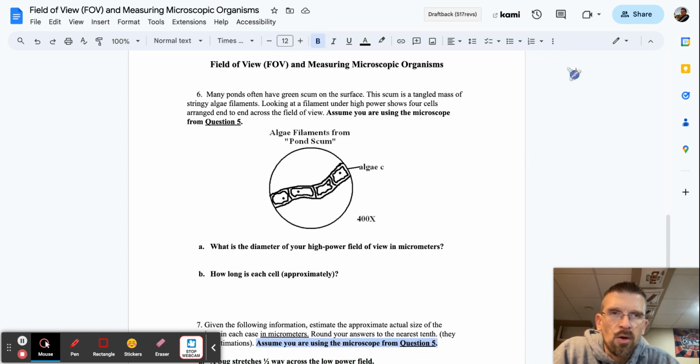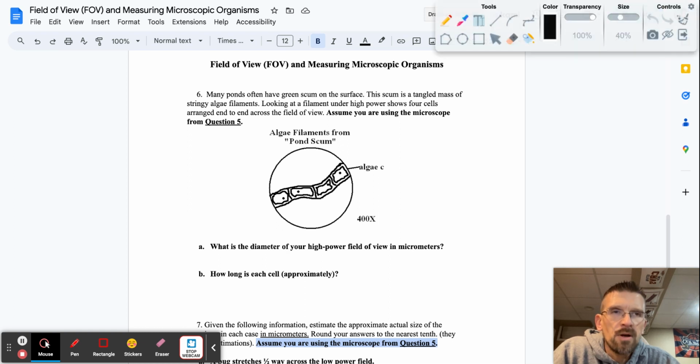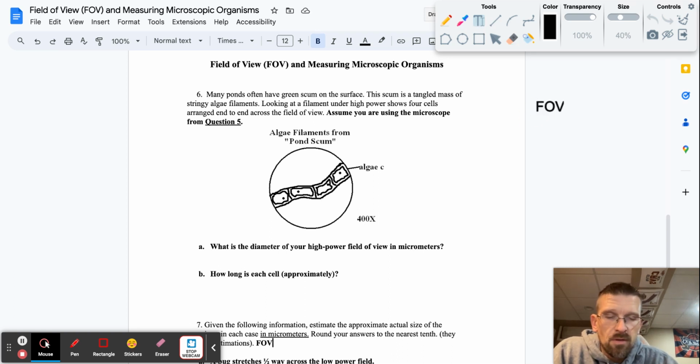And a quick reminder of the formula, right? So we talked in class about how to estimate the size: we are going to take the field of view divided by the number of cells that fit across.